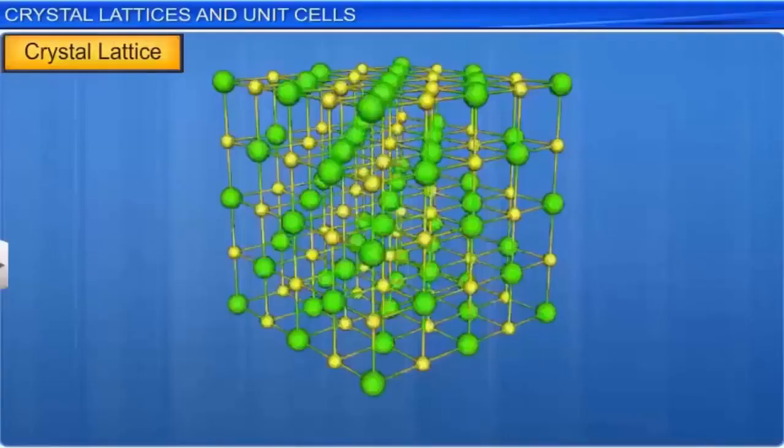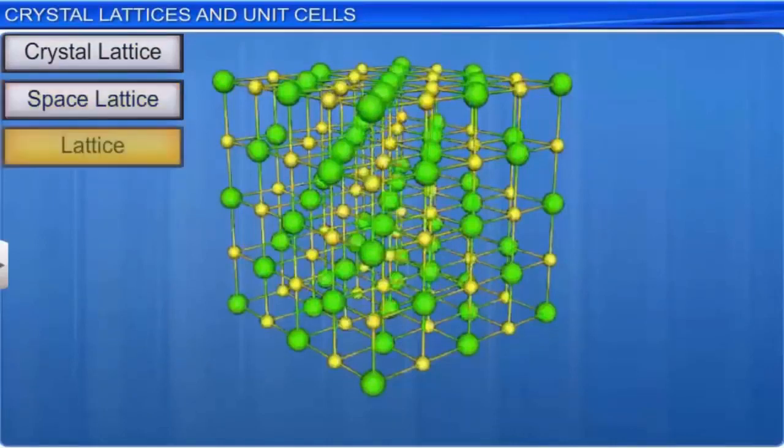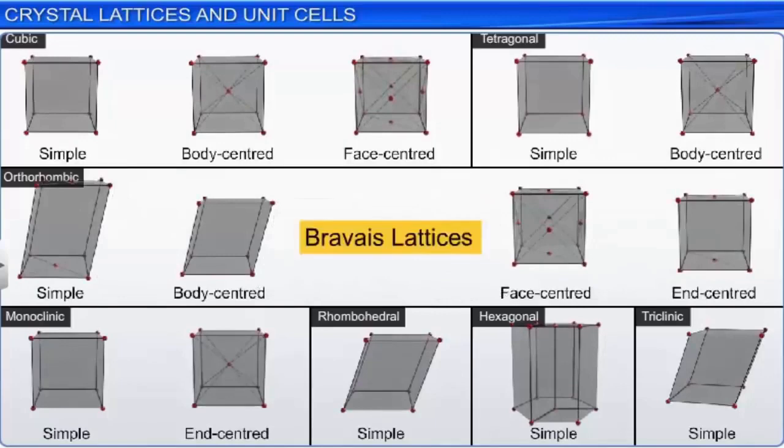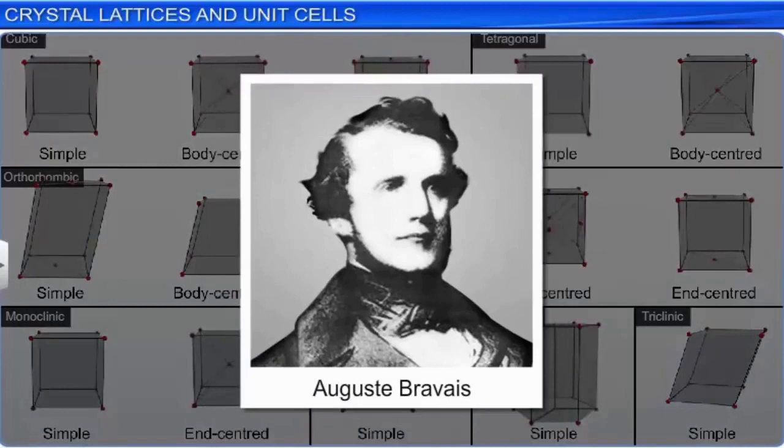A crystal lattice is also called a space lattice or simply a lattice. There are only 14 possible three-dimensional lattices and are called Bravais lattices, after Auguste Bravais, a French mathematician who first described them.